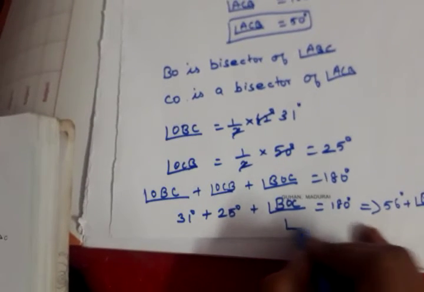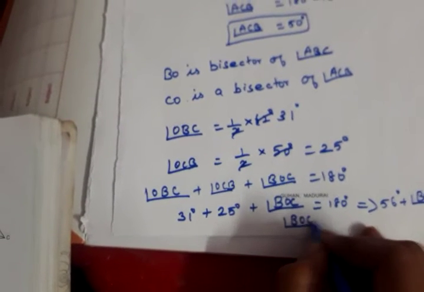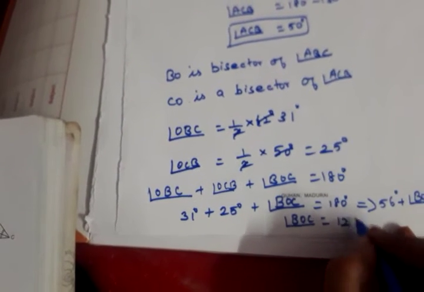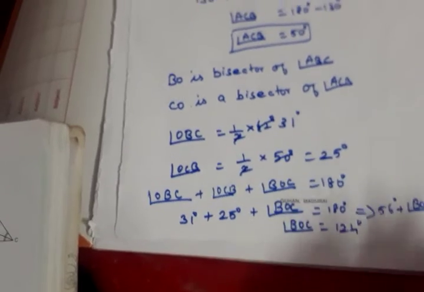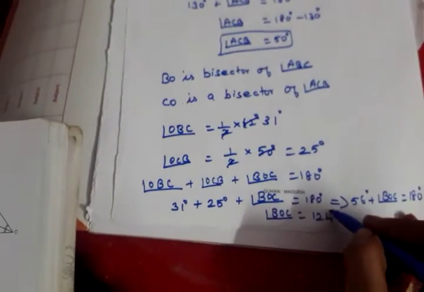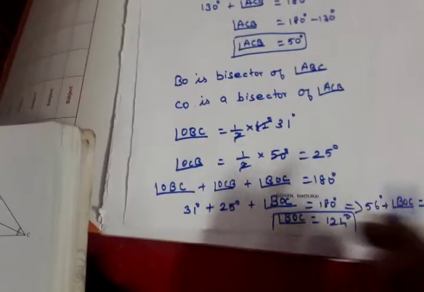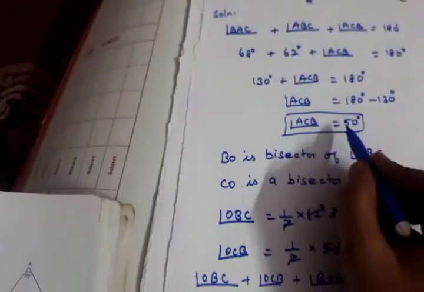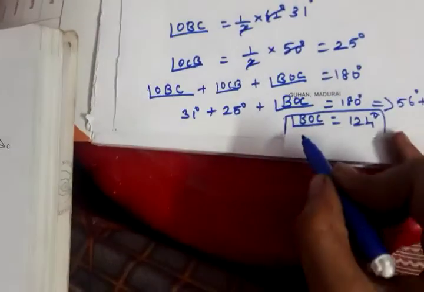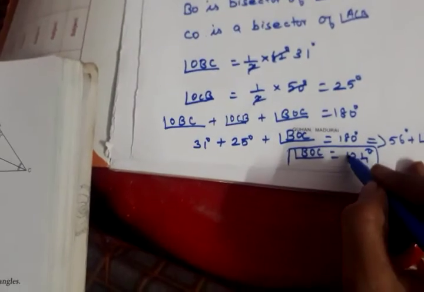So angle BOC equals 124 degrees. So angle ACB is 50 degrees and angle BOC is 124 degrees.